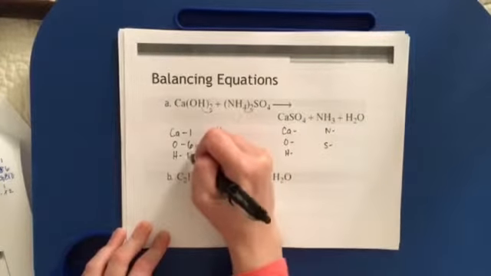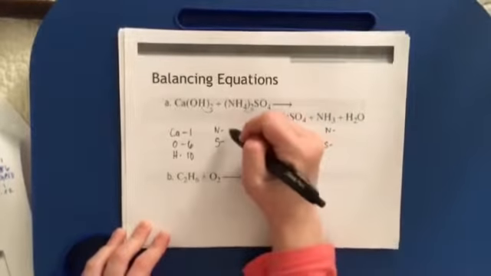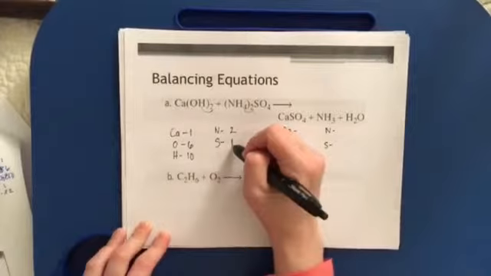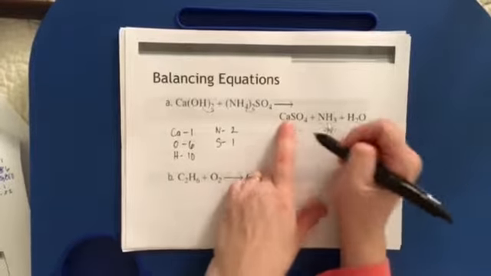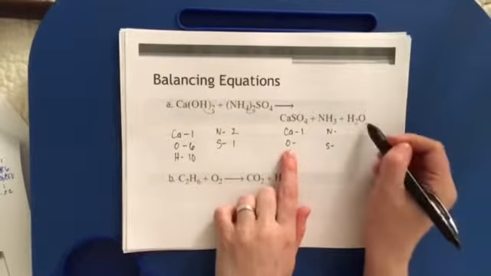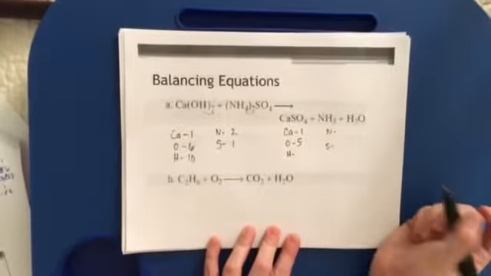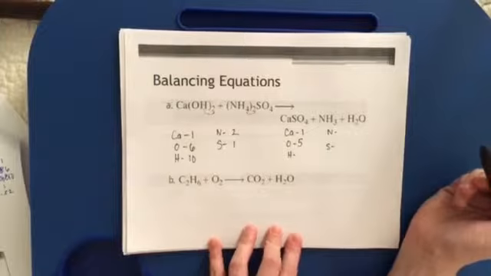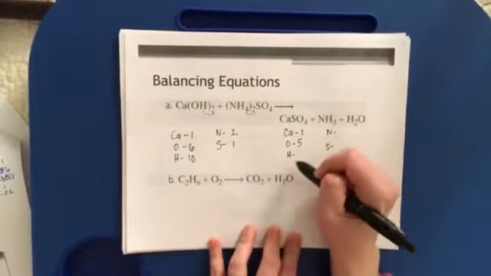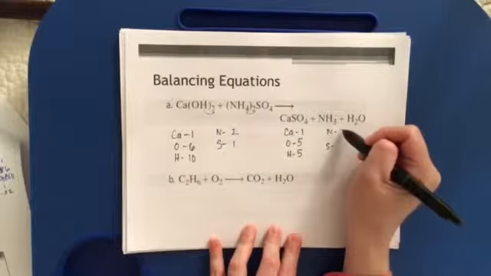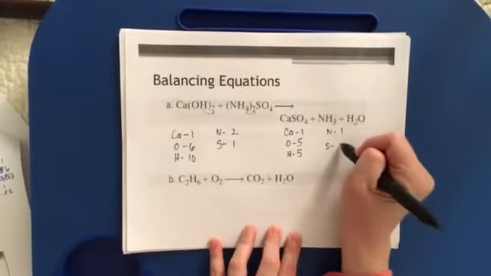So we've got 10 of those. Just 1, or 2 nitrogens, and then 1 sulfur. Over here, 1 calcium, 4 plus 1, 5 oxygens. Here we've got 3 plus 2, 5 hydrogens, 1 nitrogen, and 1 sulfur.